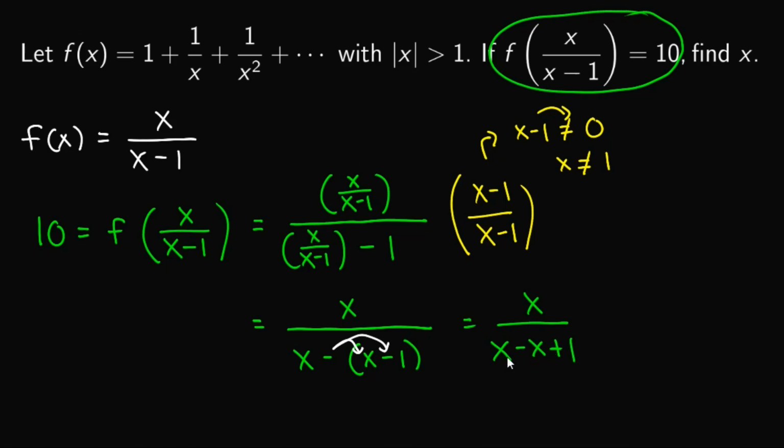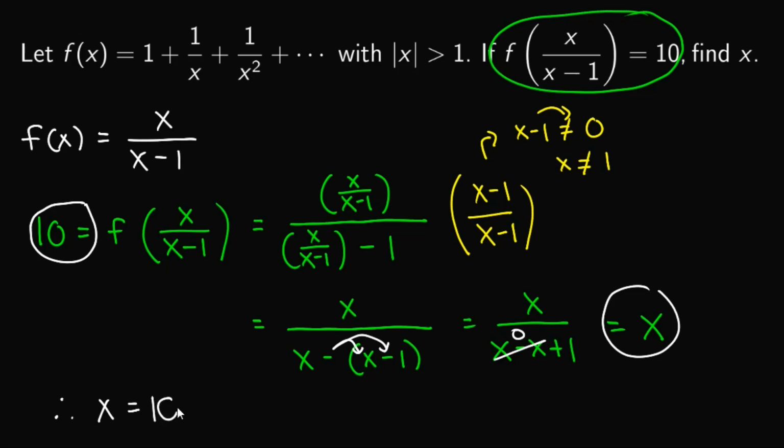And x minus x cancels out to 0, so we're left with x. What do you observe here? Observe that the left side of the equation is 10 and the right side is x. So we can conclude that x is equal to 10. And that is the answer for this problem.